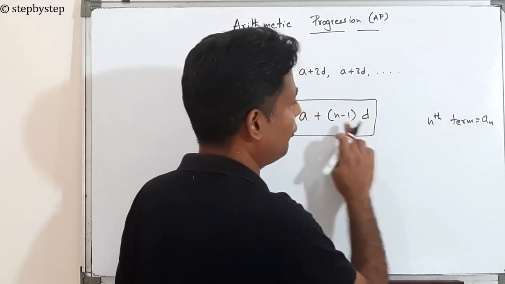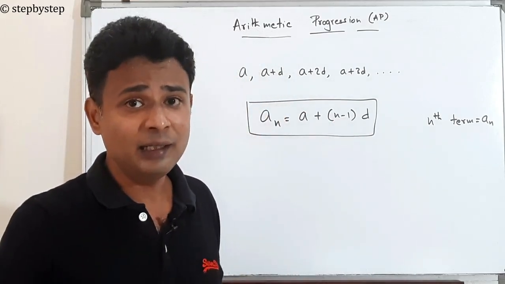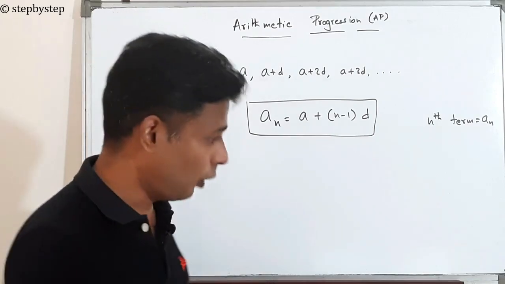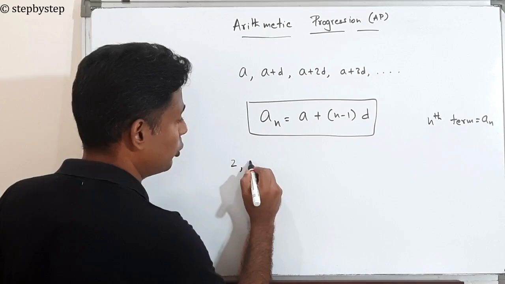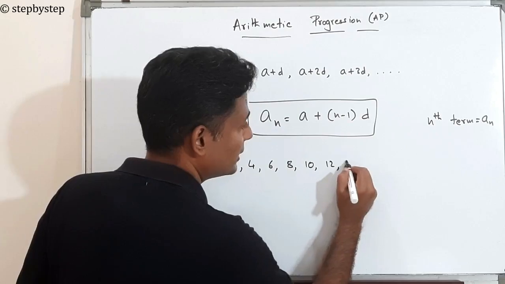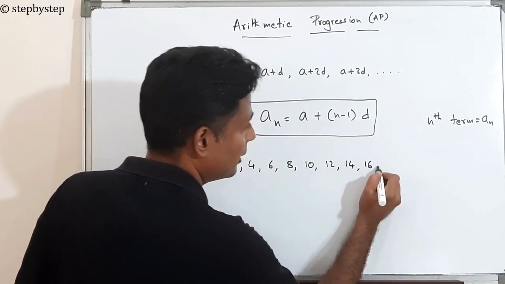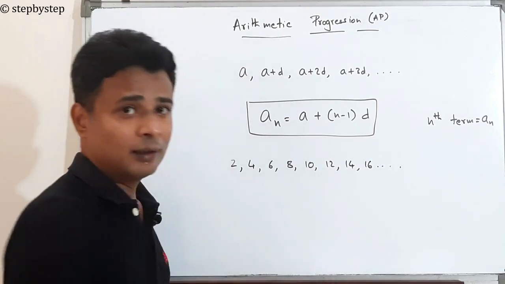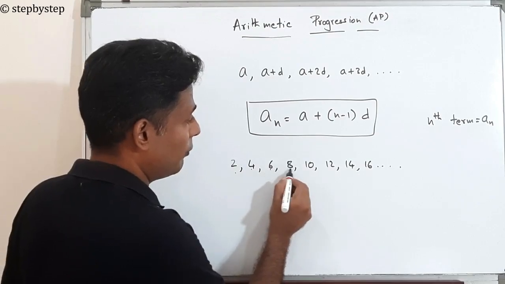The difference between a_n and n: what is a_n? The term itself. Whereas n is, which term is it? For example, if I tell you the AP is 2, 4, 6, 8, 10, 12, 14, 16. What is 10? 1, 2, 3, 4, 5.